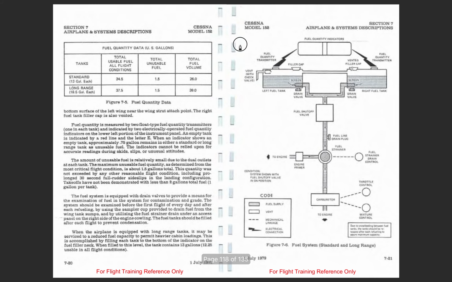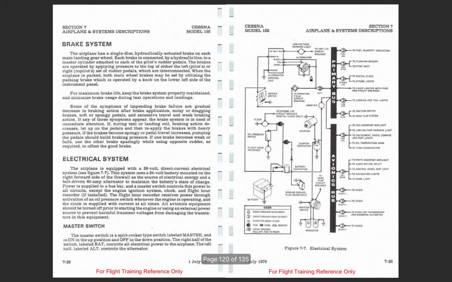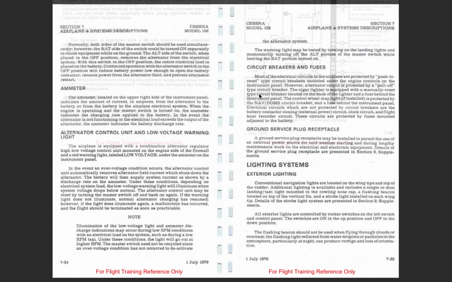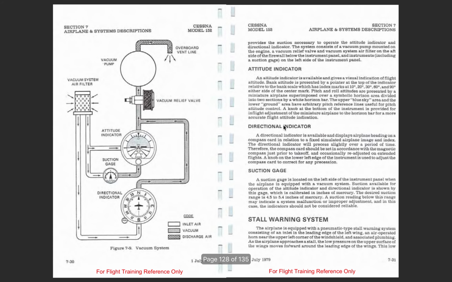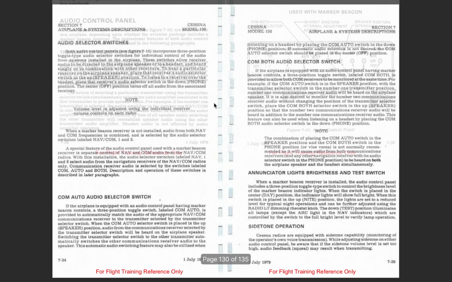And one of the homework assignments, you guys might remember, is going to be to learn to draw your fuel system. That diagram can be found here for you. There's also usually a basic electrical diagram that you can look at. Your heater system, which we'll talk about if we haven't already. Vacuum system diagram is in here.